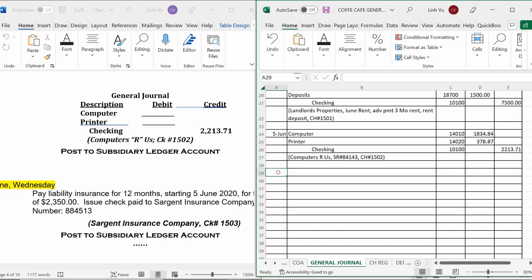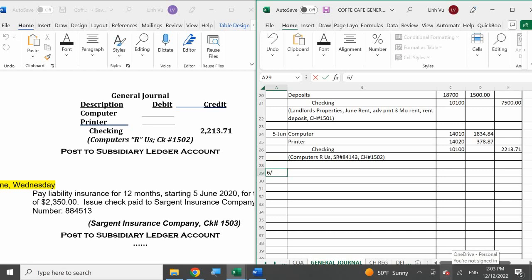So that's exactly what we're gonna do. Here it is the 5th, right? We got insurance expense. Because it's an expense, we're going to debit the account, right? Because we incurred an expense for 6,400.